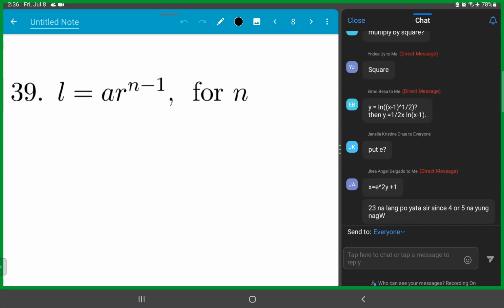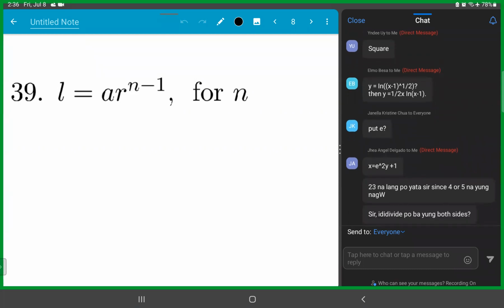Sa trigo, kung aabot pa tayo sa identities, proving identities, ayoko nang pahirapan, pero I try to lighten the load. Yung kailangan nyo lang for calculus, sana yung may inverse trigonometry pa kasi.